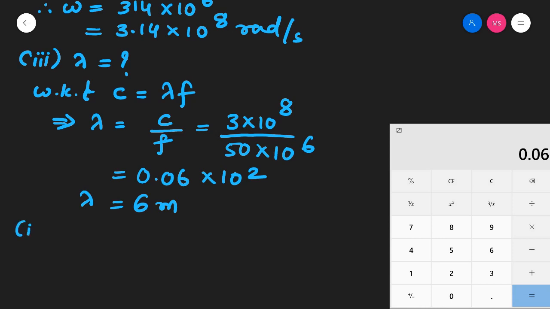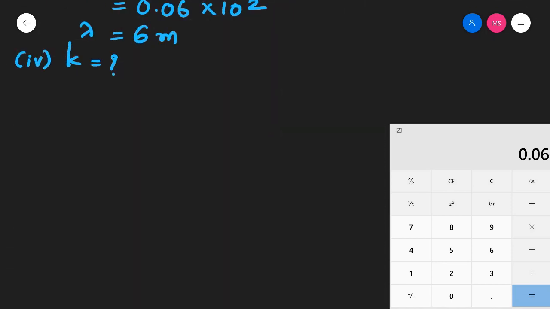And fourth one is wave vector k. For wave vector we know that k is equal to 2 pi by lambda. So that is equal to 2 into 3.14 over 6.